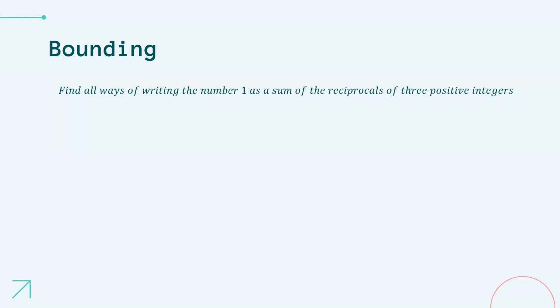By the way, when I say the technique is bounding, that's a very vast number of techniques. For example, in the last problem, we bounded what a certain cube number could equal. And this one, we have a very different type of bounding.